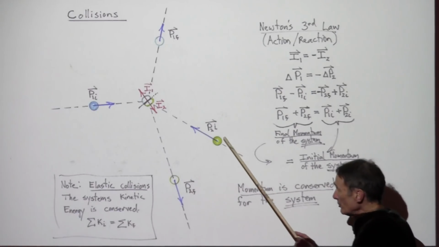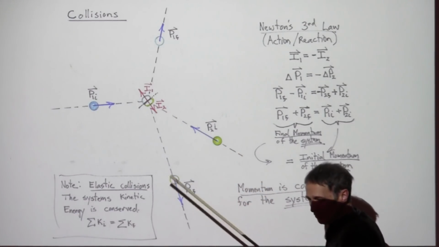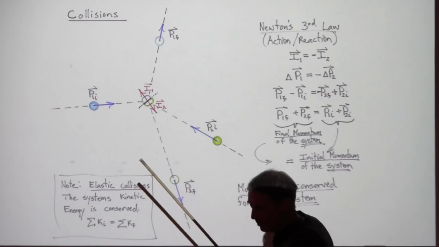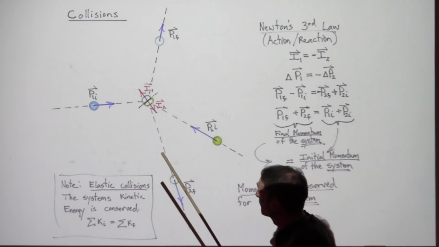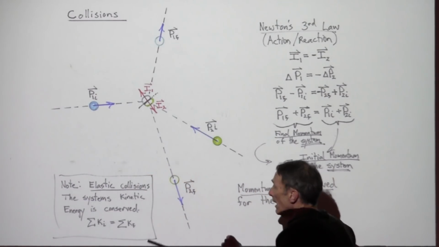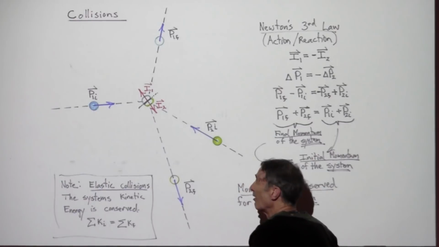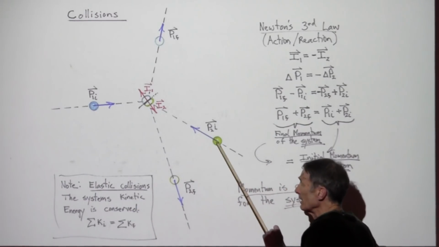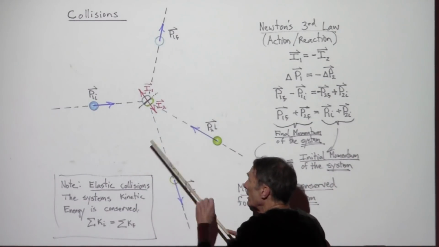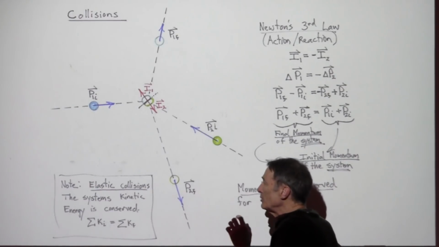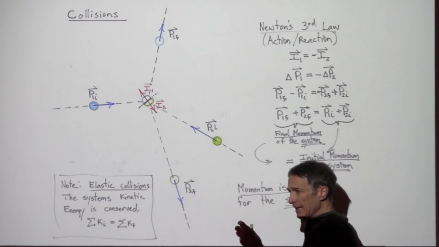Now, there can be additional facts about this collision. I've got racquetballs here that are going to bounce off of one another. Sometimes they call it an elastic collision. Elastic collisions are very special in that they bounce off of one another. The idea is that they don't lose any energy to heat.